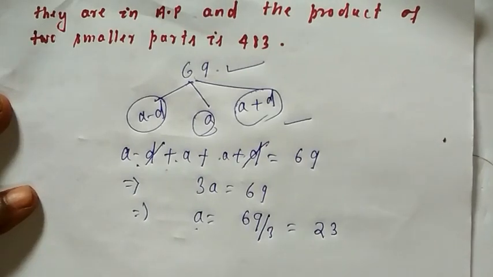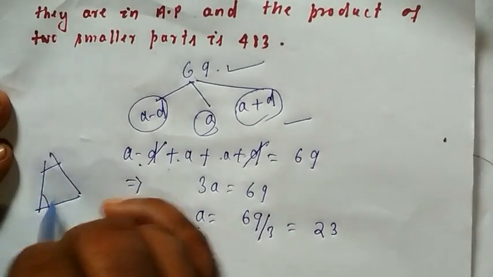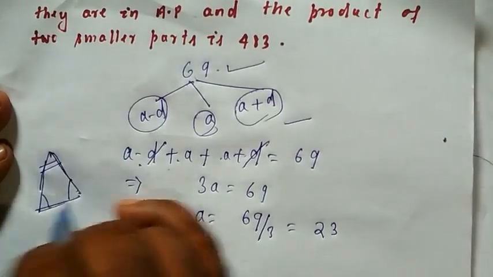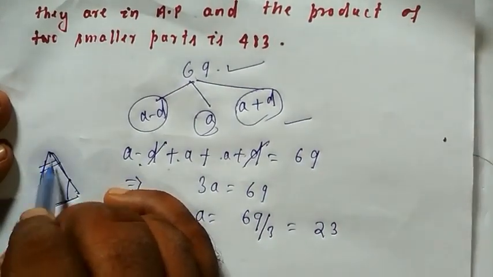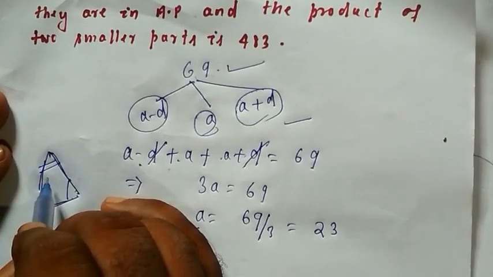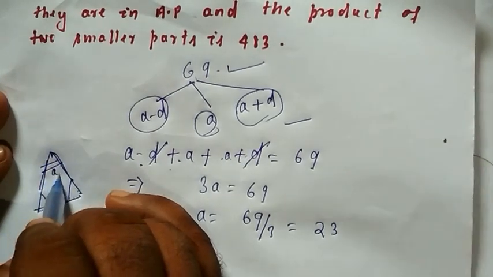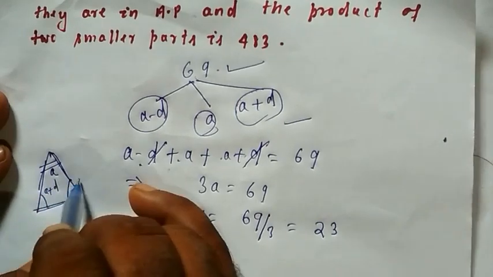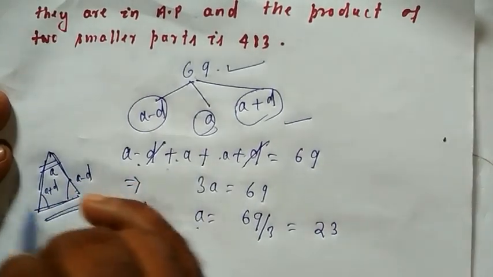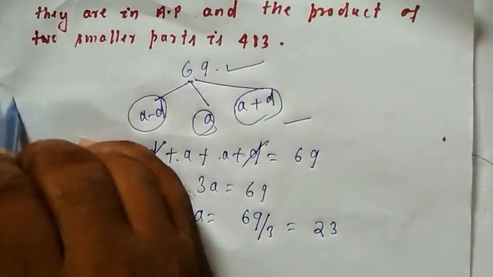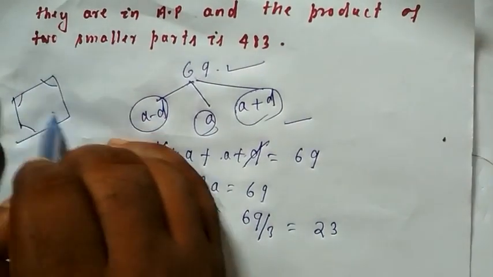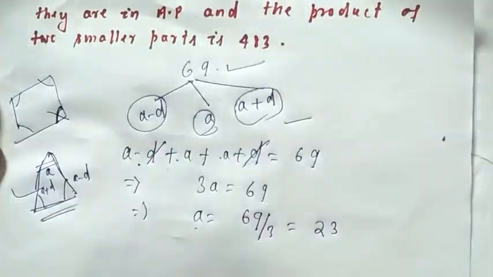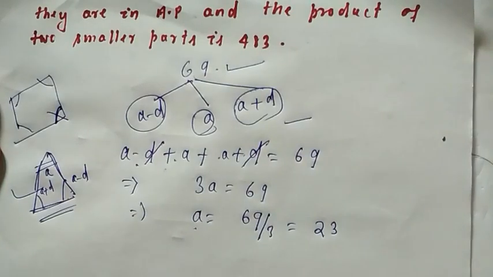Always, if it asks for 3 parts, for example if it asks that the angles of a triangle are in AP, remember, there are 3 angles in a triangle. We'll take one angle as A, another angle A plus D, another angle A minus D. Like that you will select. If it asks that the 4 angles of a quadrilateral are in AP, then you will select 4 terms in AP.